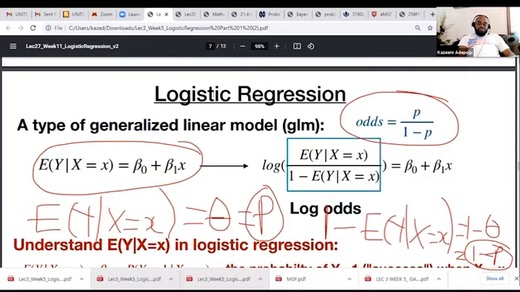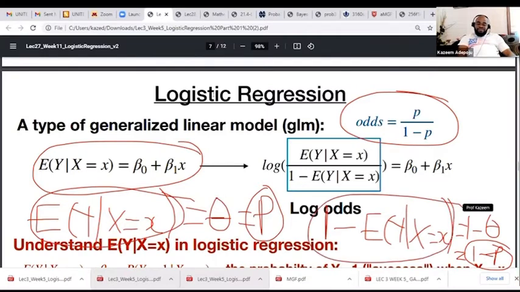So what I'm going to do is use this divided by this, and when I do that, I'm going to introduce a log, because the log transform of the odds ratio is the logistic regression model that we're talking about.